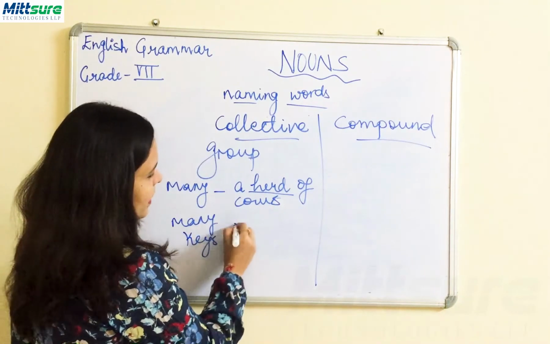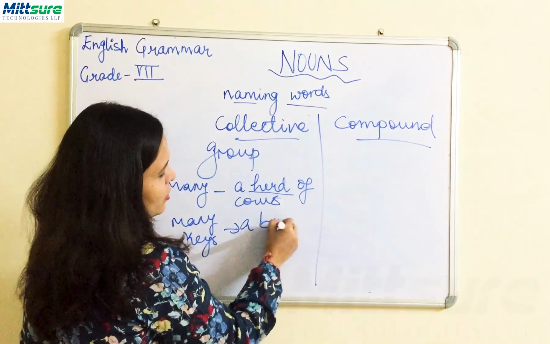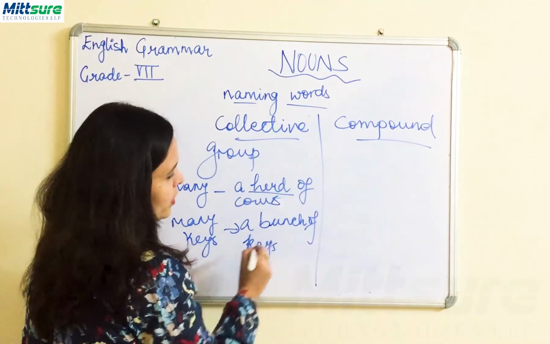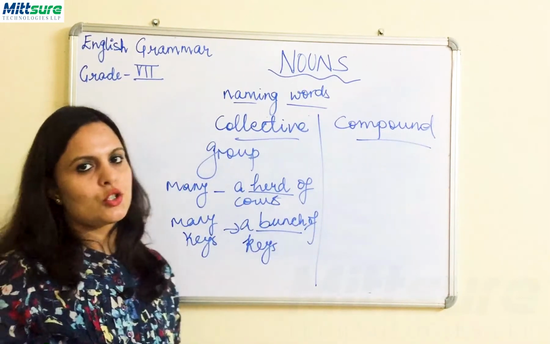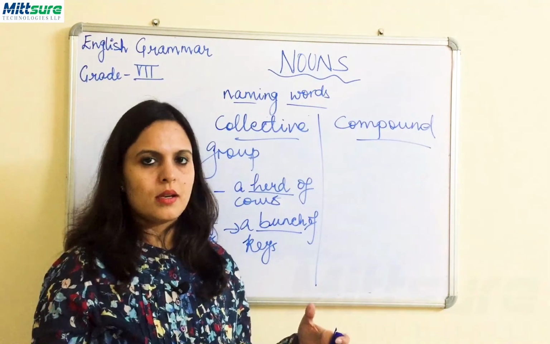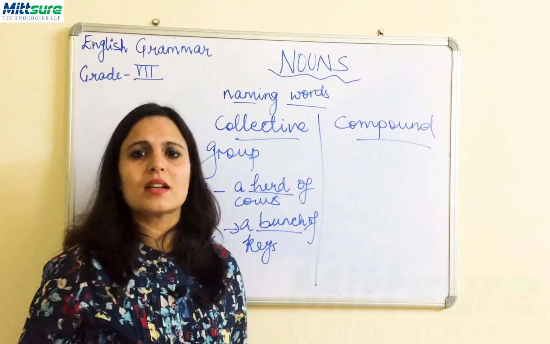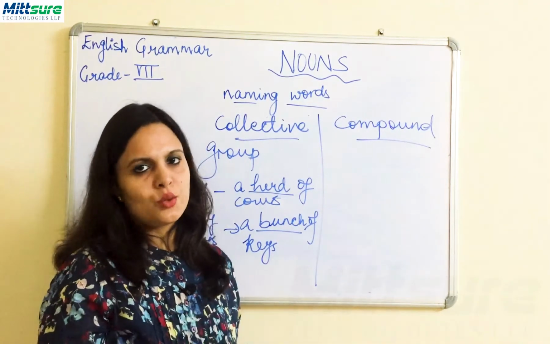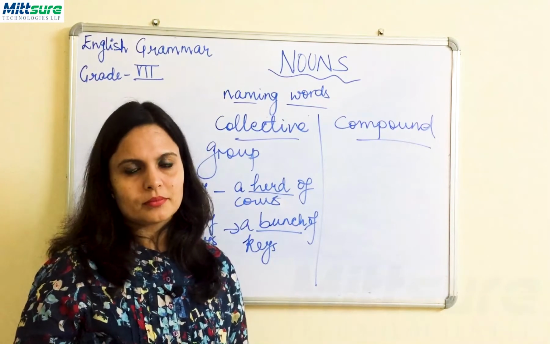So many keys becomes a bunch of keys, right? So what is a collective noun here? Bunch, right? 12 bananas, a dozen bananas. So dozen is a collective name given to the objects counted in 12 number, right?